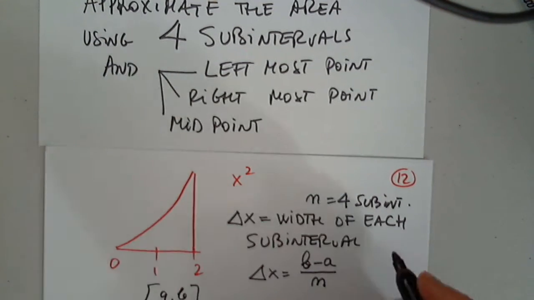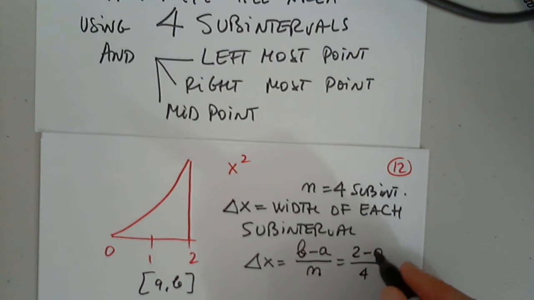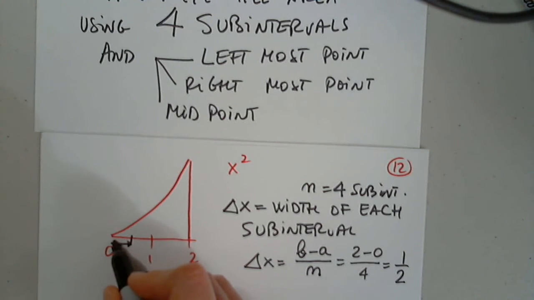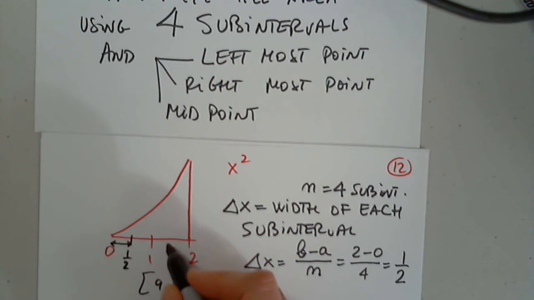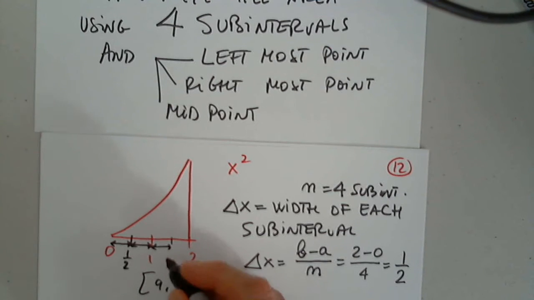So 2 minus 0 divided by 4, which is 2 over 4, or 1/2. So this is the first subinterval, up to 1/2. This is the second subinterval, between 1/2 and 1. This is the third subinterval between 1 and 1 plus 1/2, which is 3/2. And this is the fourth subinterval between 3/2 and 2.